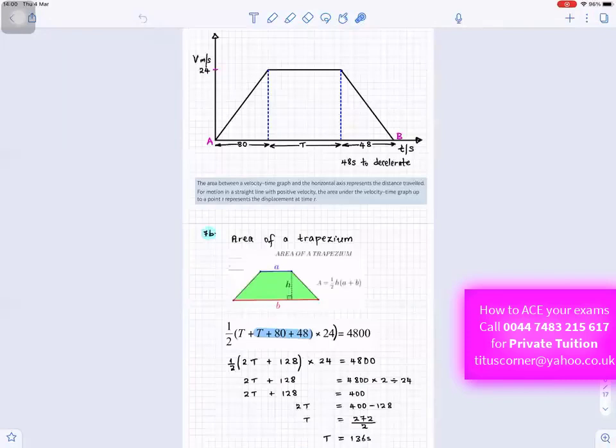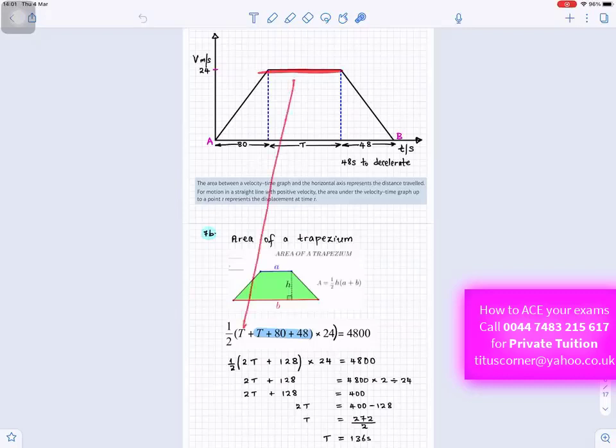So to work out the area, we have half of T, that top part there. This bottom part is T plus 80 plus 48. So we're adding the two parallel sides.